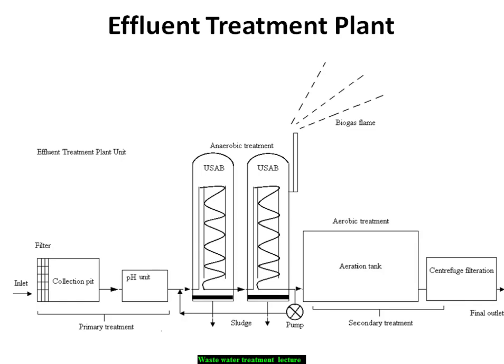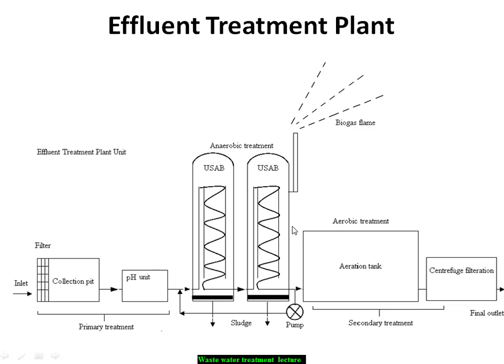If we get a pH between 6 and 9, this effluent can be sent into the secondary chamber. This one is known as USAB, upflow sludge anaerobic blanket. So the primary treatment is complete between these units: the collection filter unit, the collection pit, and the pH unit.